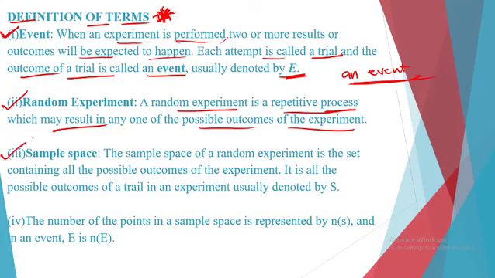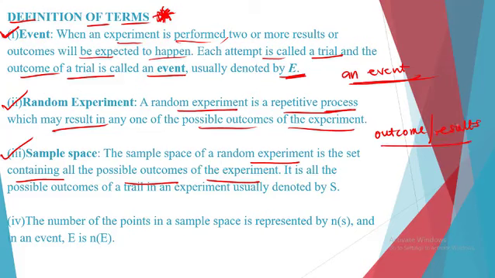Okay, we have the sample space. The sample space of a random experiment is the set containing all the possible outcomes of the experiment. I told us that whenever an experiment is conducted, then we must have outcomes, that is, results. Now there is a set of results that are expected.